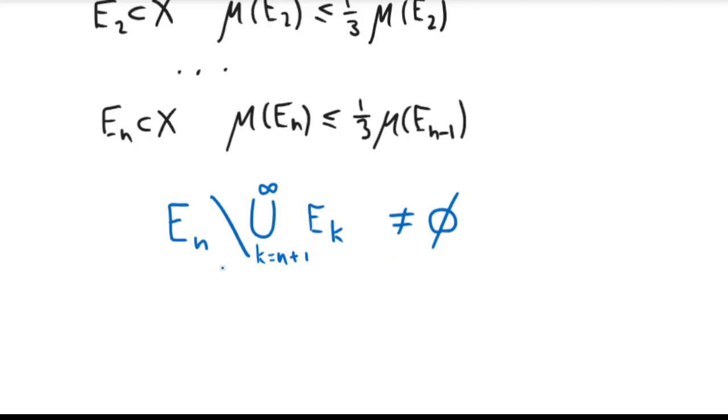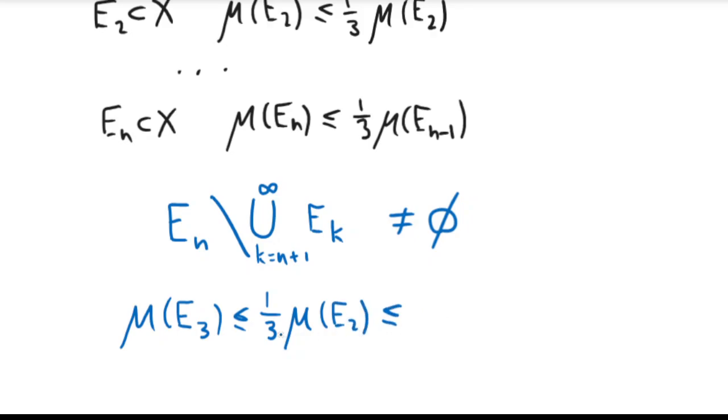To see why that's true, observe that if you think about the measure of E_k, it might be easiest to think about E3, right? The measure of E3 is no more than 1/3 the measure of E2. But then if you recursively go one more step, this is no more than 1/9 the measure of E1, right?